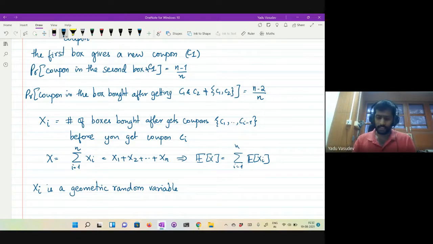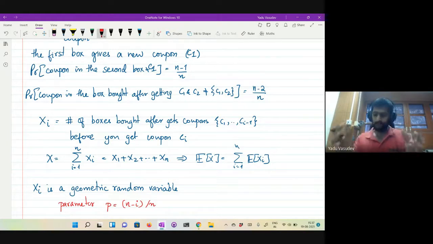So what is the parameter of this geometric random variable? There is a parameter p for this geometric random variable. What is the parameter p? Yeah, probability of success is n minus i by n. So the parameter p is n minus i divided by n.